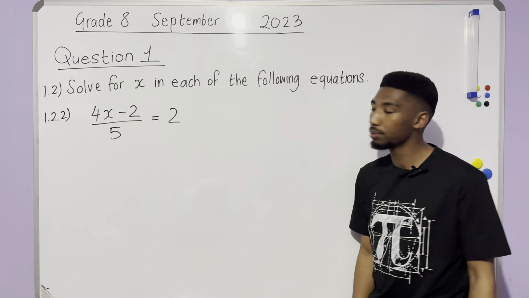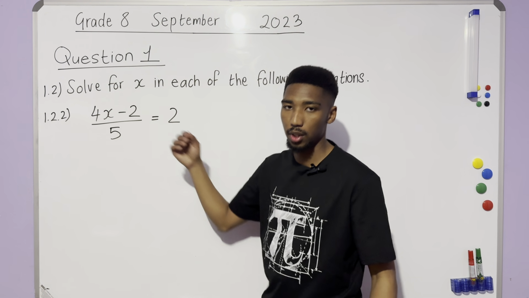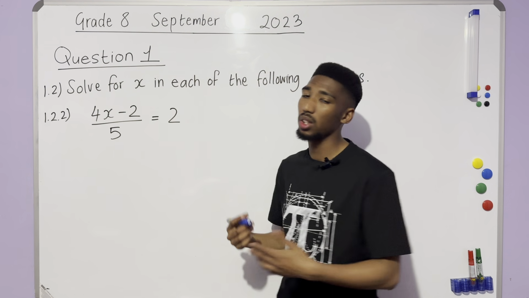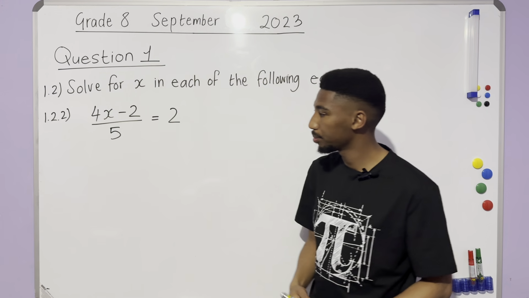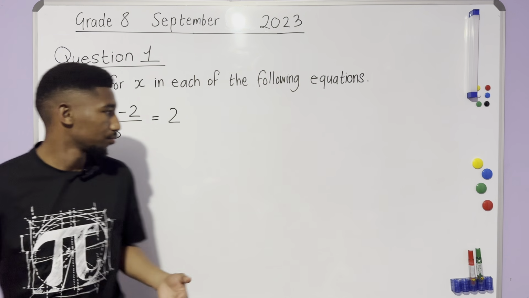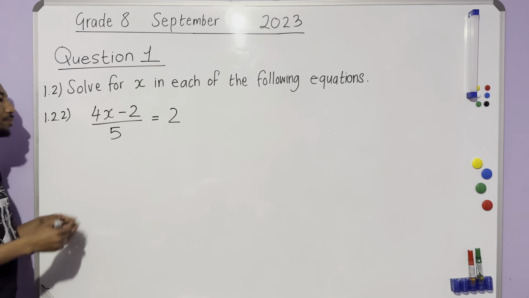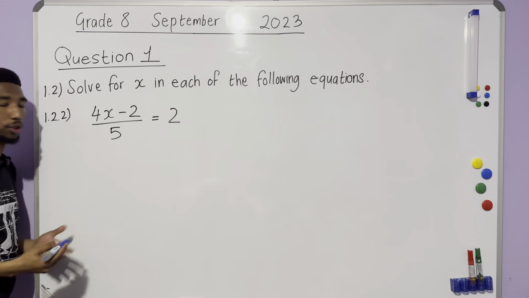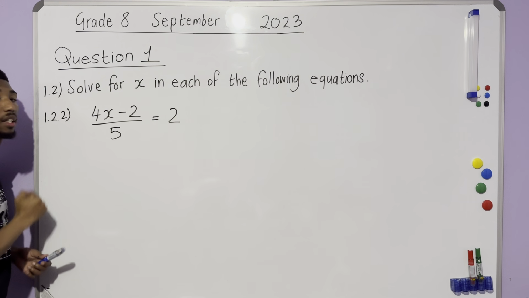In the next question, we have a fraction. In this case, all that fraction means is we're going to do the inverse of dividing. So we have 4x minus 2 divided by 5 equals to 2. It's quite simple. That says divided by 5.